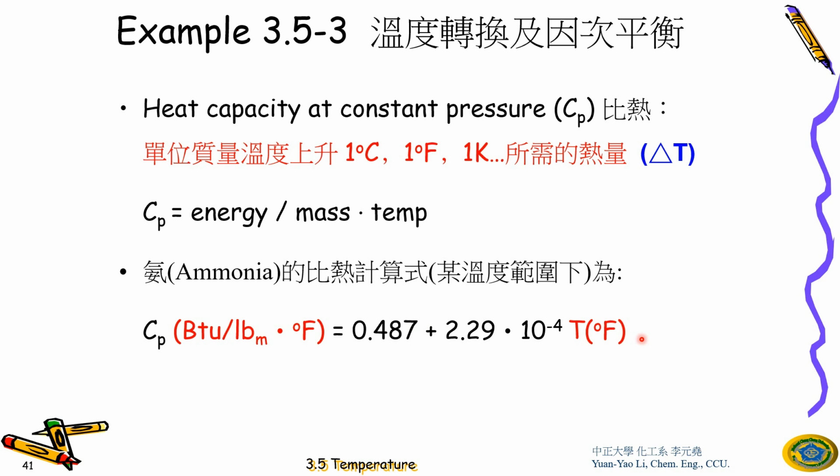What you need to know is that this is the American engineering system. This equation is for the American engineering system. However, if I want you to change it to the CGS system, or to joule per gram times Celsius, can you do that for me?